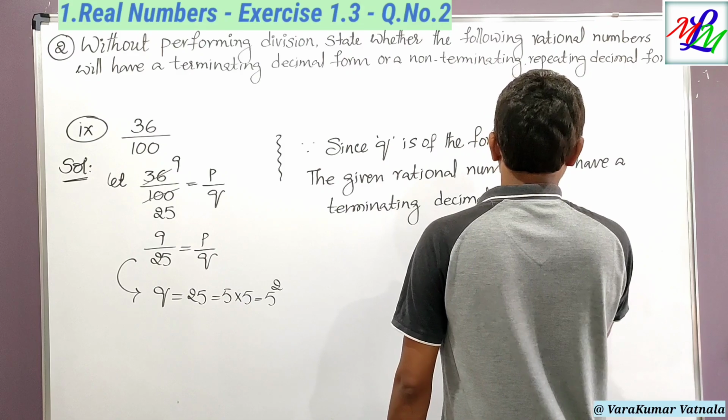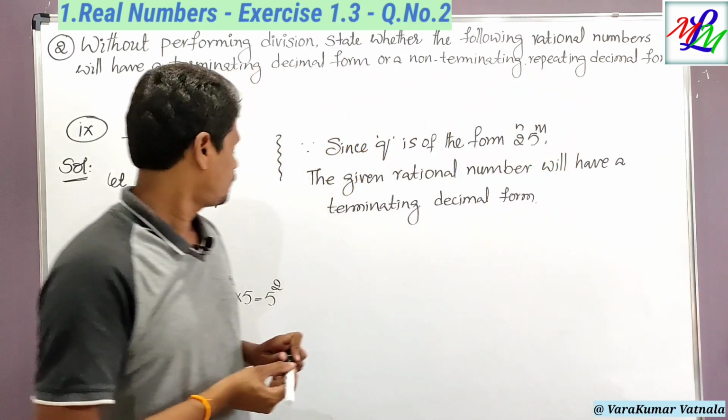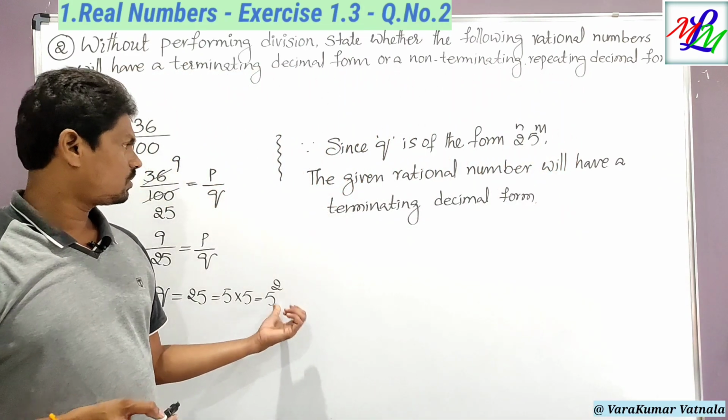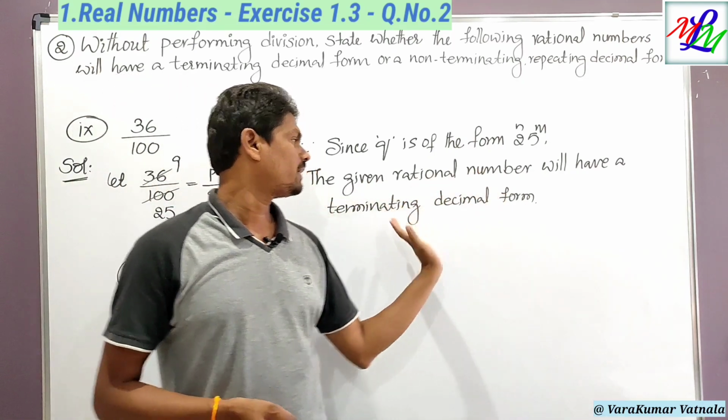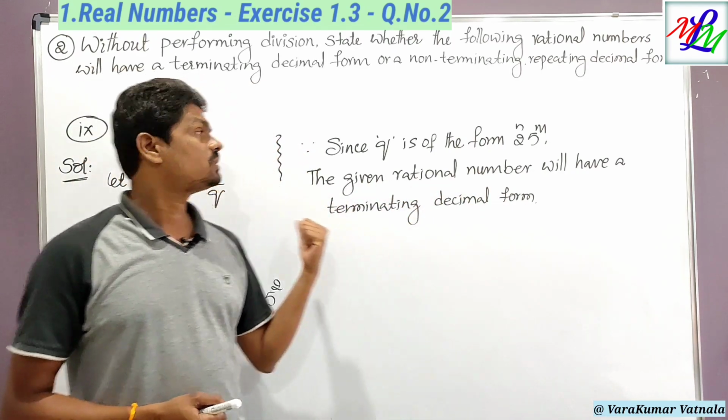So very easy, student. So q is in the form of 5 to the power m, actually m is equal to 2 here, therefore the rational number will have a terminating decimal form. This is 9th one, student.